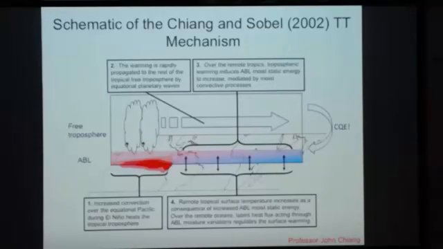Much of our understanding of convection in the tropics, as I mentioned yesterday, is built on how we understand convection over the ocean. But as we talked about on the first day, the land surface is fundamentally different, for example, in having a strong boundary layer and a strong diurnal cycle, which we don't see over the ocean, or see much attenuated over the ocean.